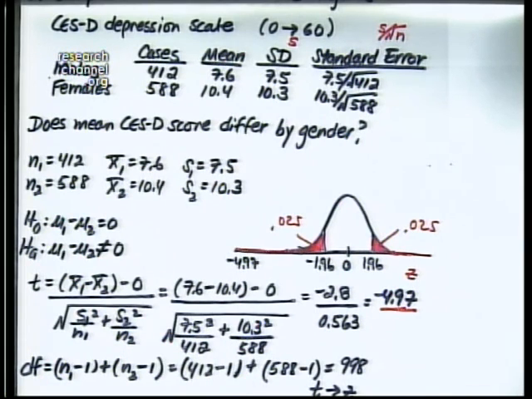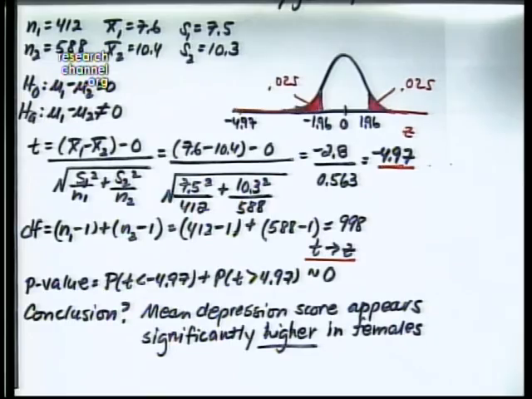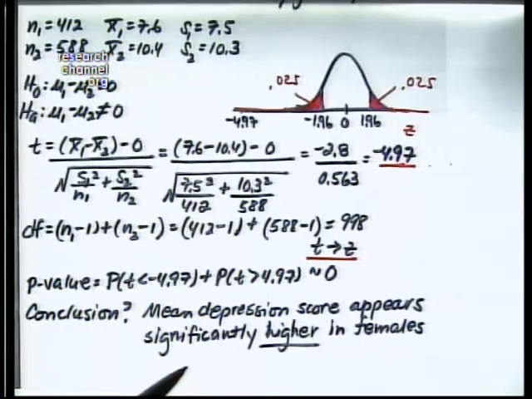The p-value, or the probability of this value or something more extreme in either direction, is approximately 0. So the p-value would certainly cause us to reject the null hypothesis. We'd conclude that the mean depression score appears statistically significantly higher in females.